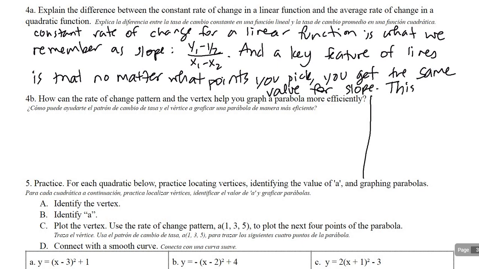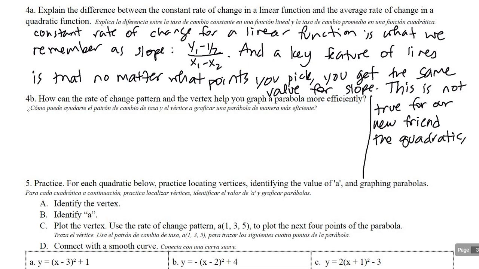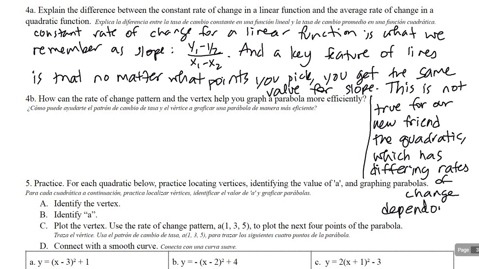This is not true for our new friend, the quadratic, which has differing rates of change depending on what points you use.